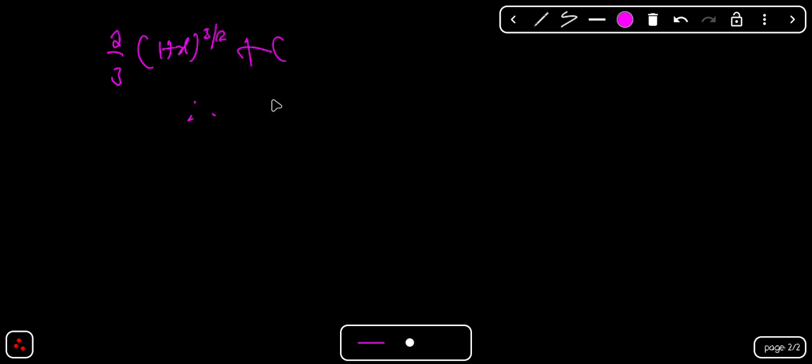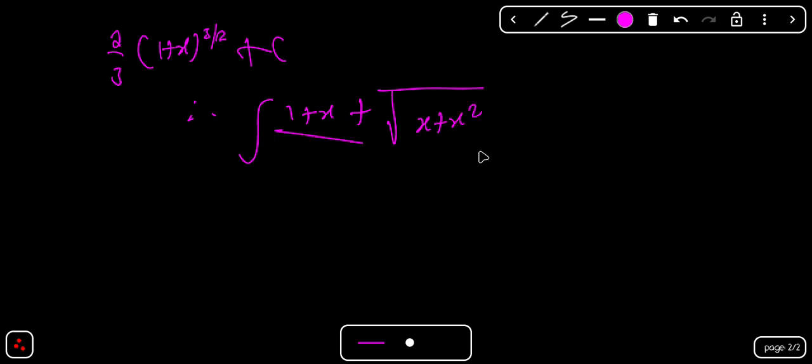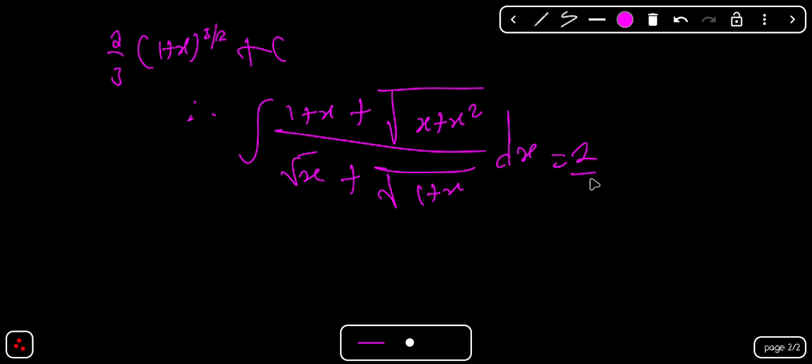Therefore, the integral of 1 plus x plus square root of x plus x raised to the power of 2 over square root of x plus square root of 1 plus x dx is equal to 2 over 3 multiplied by 1 plus x raised to the power of 3 over 2, then plus c.